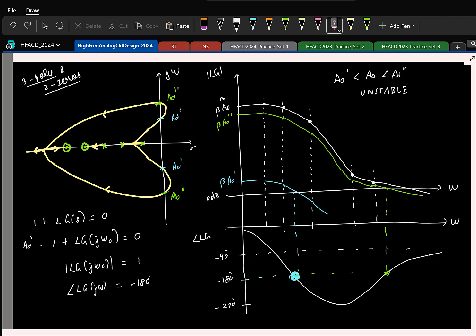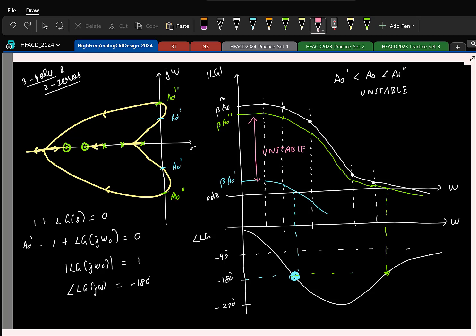Let's try to understand from the Bode plot what's happening in this region. So this is A naught prime, A naught double prime. All magnitude plots which lie here will correspond to an unstable closed loop system. Is that okay?